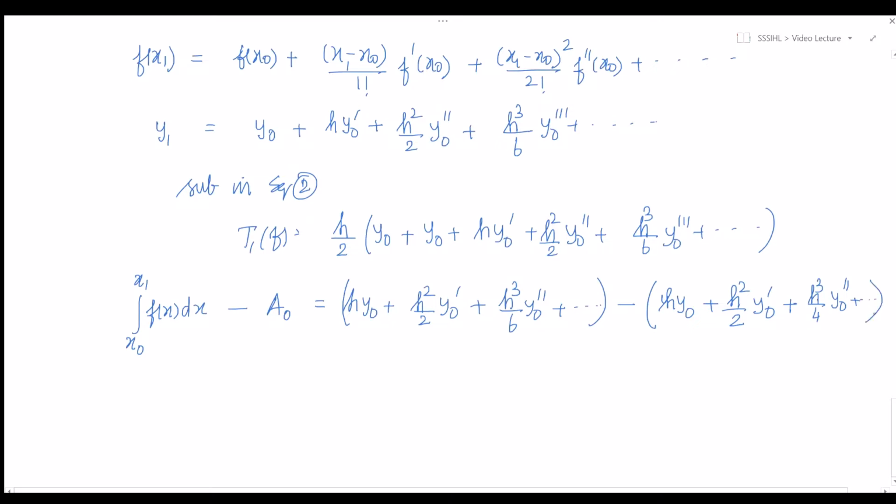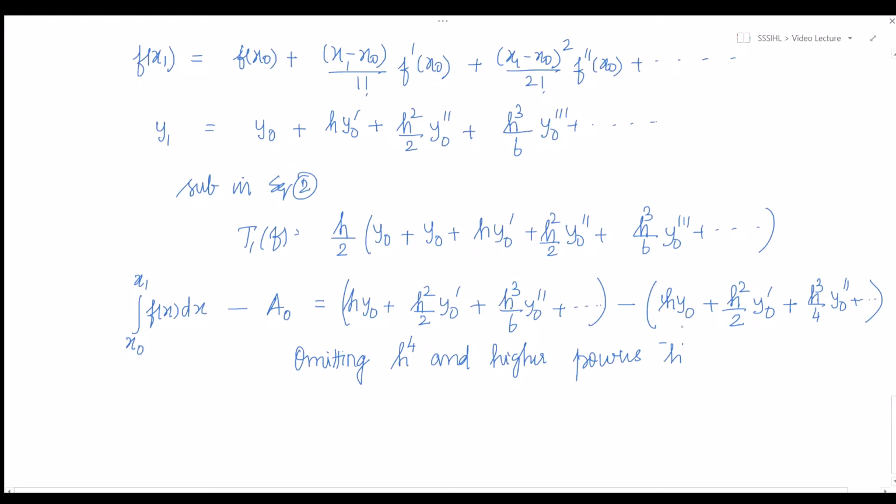On omitting h power 4 and higher powers of h, because h is going to be a very small value, the higher powers will turn out to be 0. So the h y naught and the h squared by 2 y naught dash terms will get cancelled.